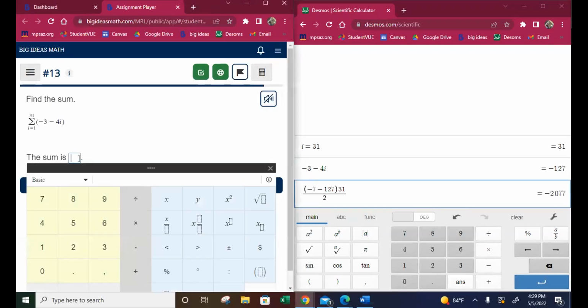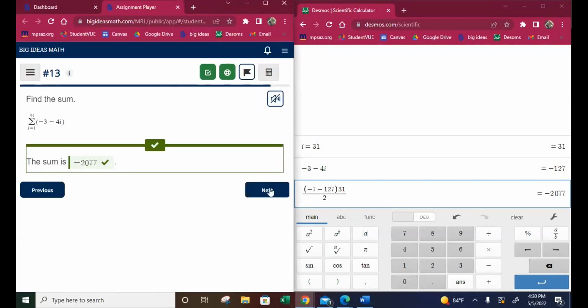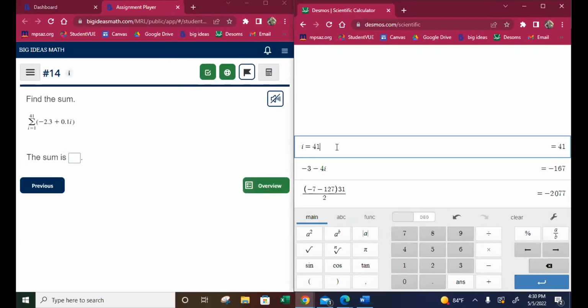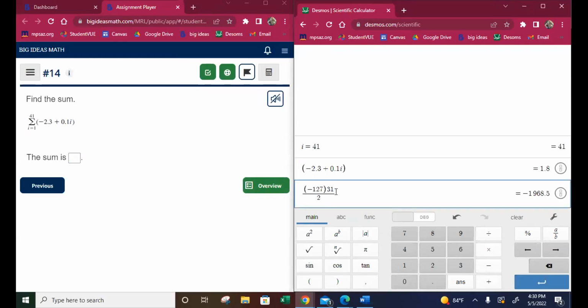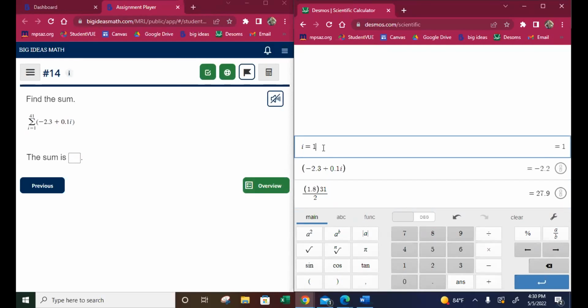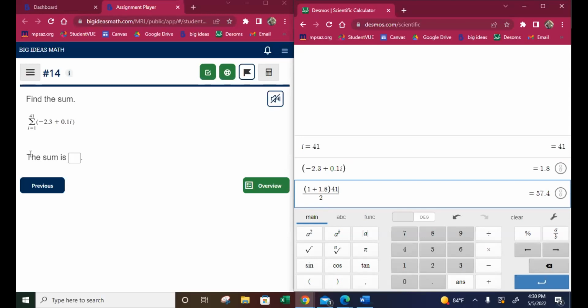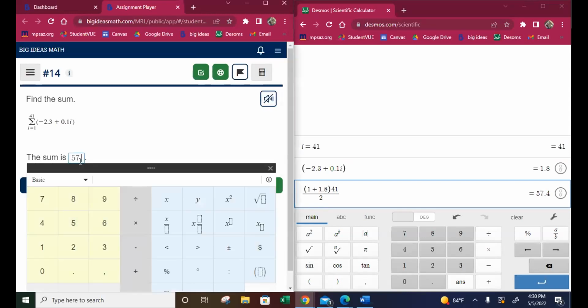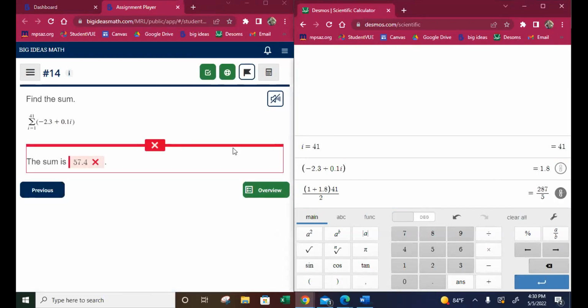There it is. So I think if you go back to i equals 1, I think you grabbed the wrong numbers.